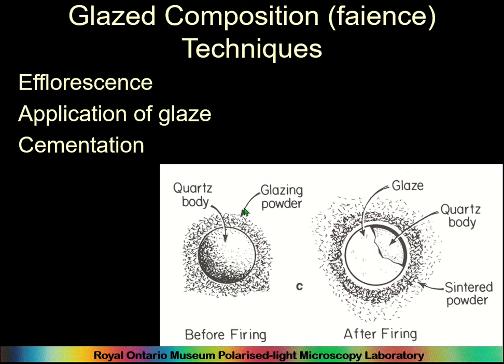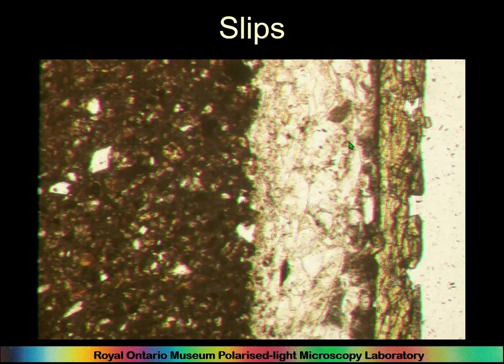And so what happens during the firing, the glaze materials come out and fuse to the quartz, and then you can break open all this sintered material, and what's left behind is a bead. So it actually works quite well, and there are big production centers for beads and things like that. But to make vessels, you would need one of the other techniques, probably.